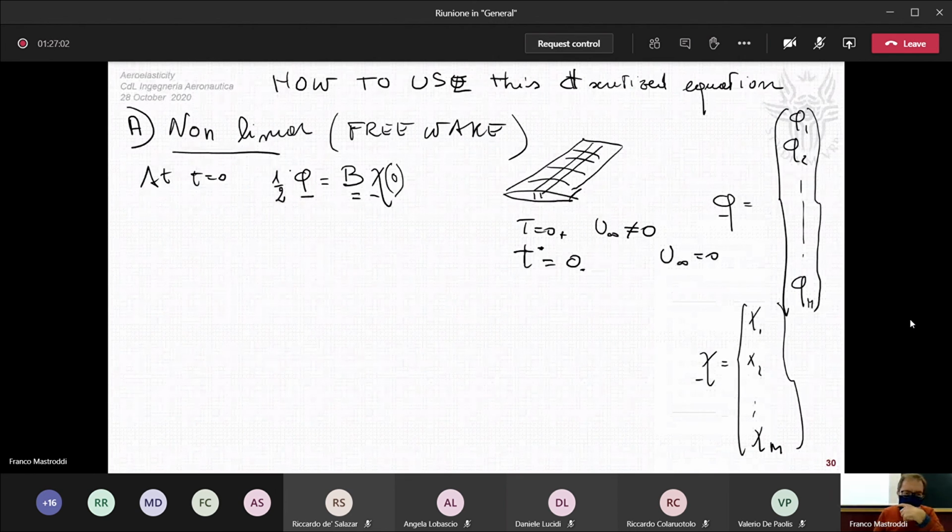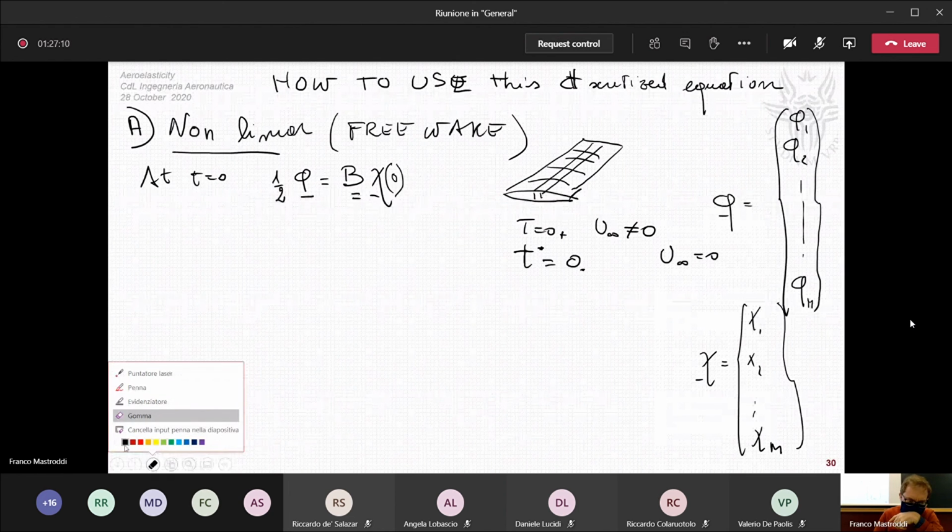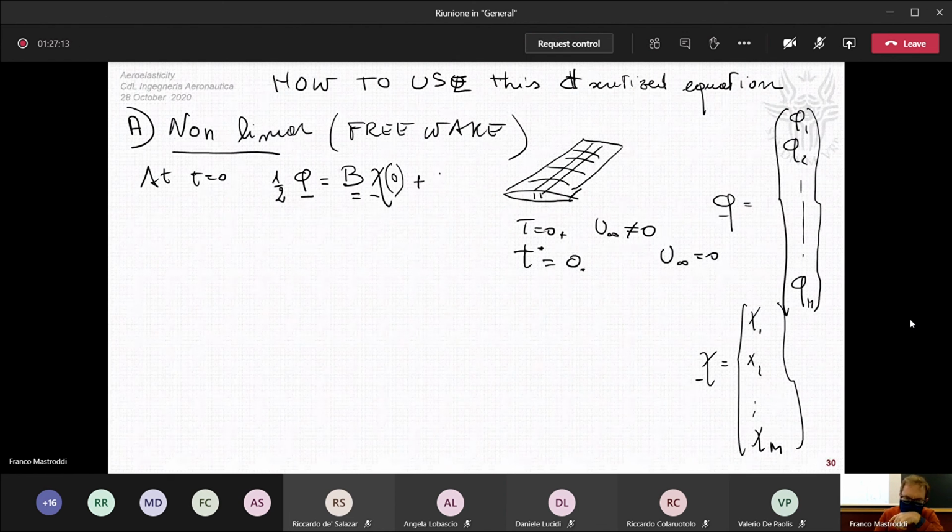So this is equal to this plus, minus, plus C phi, and that's it, at time equal to 0, the initial time. And these quantities are at initial time.